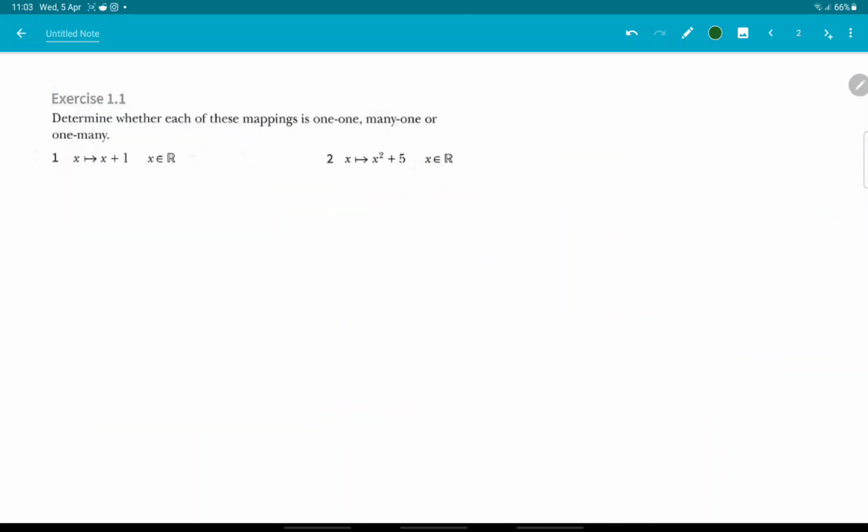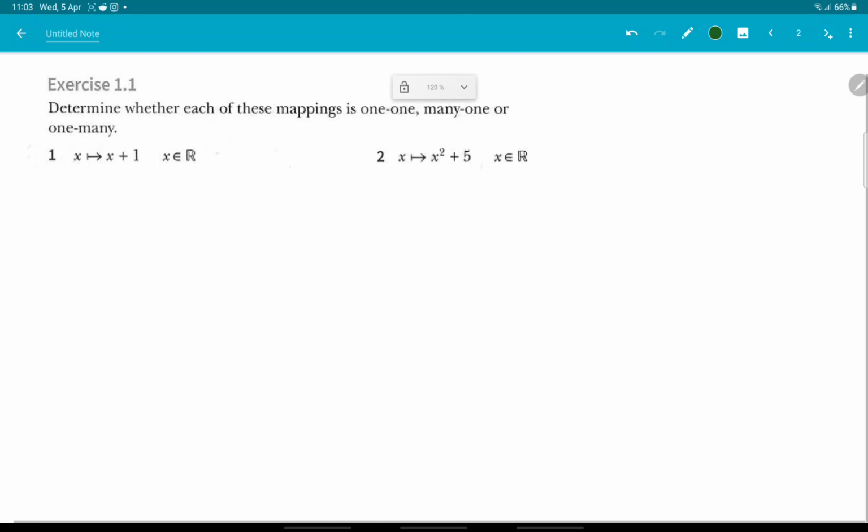Let's see exercise 1.1. Determine whether each of these mappings is one-to-one, many-to-one, or one-to-many. Number one is x is mapped into x plus 1, where x is a real number. How to define this? Let's say we have x1 and x2, which are not the same.